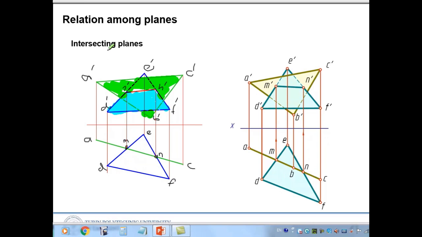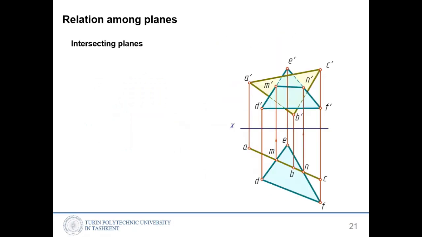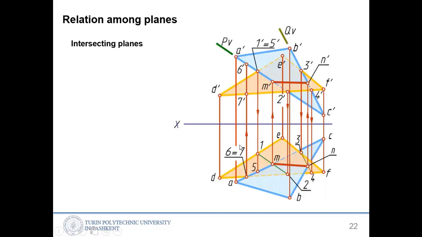Okay, so this is the intersection line, and intersection line is in here, M and N. So now in here you can see the plane in one projection looks like only one line, but in this example, both planes are differently represented.